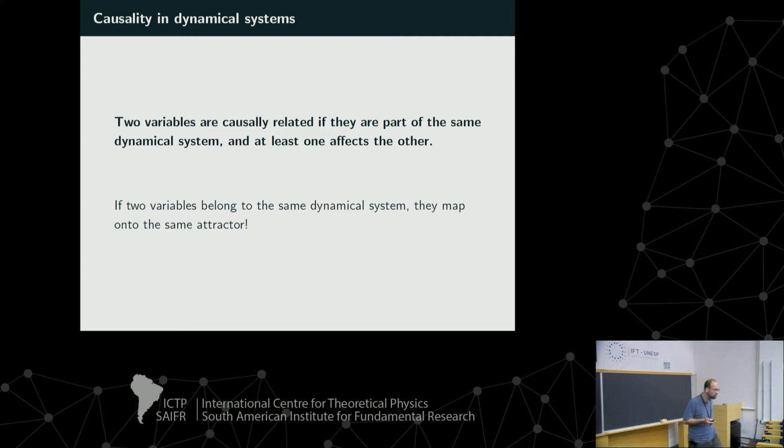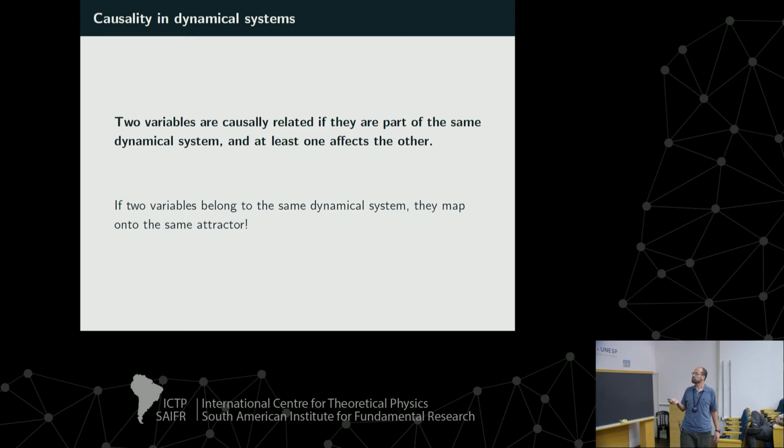So if I have two time series, and I reconstruct the attractor from one of them and from the other separately, and they both map onto the original attractor for the whole system, they map onto each other. Does that make sense? If they map onto each other, then I say that they are causally linked. Good? Okay, so how do you do that?